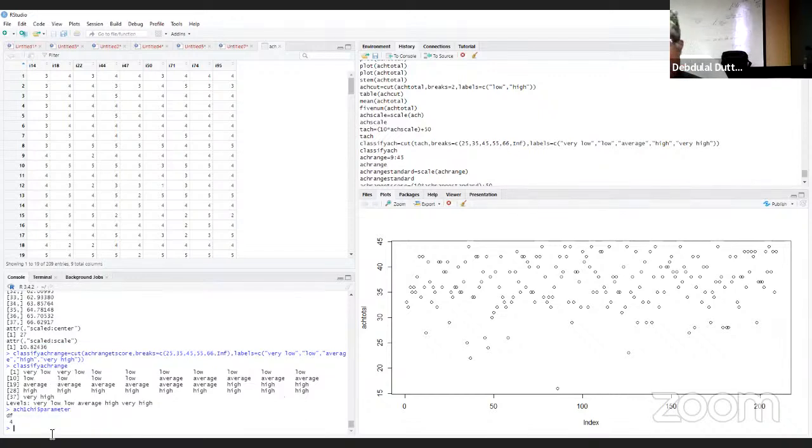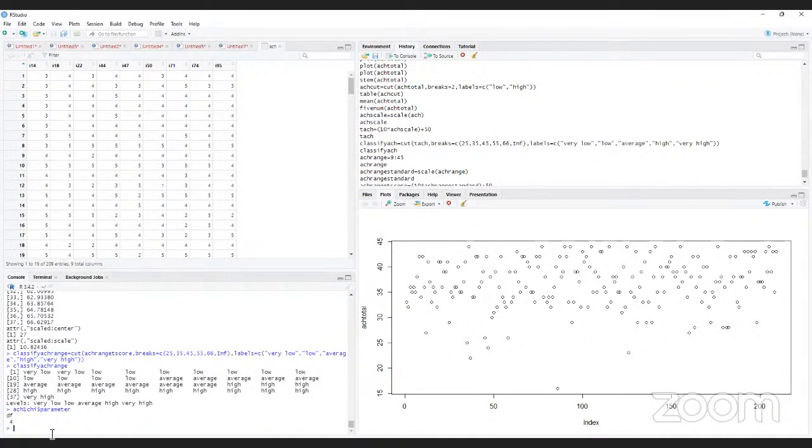These are degrees of freedom. Okay, so it indicates the degrees of freedom. Yes, sir. Thank you, sir.